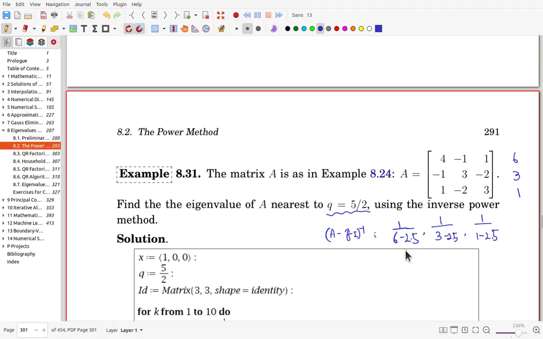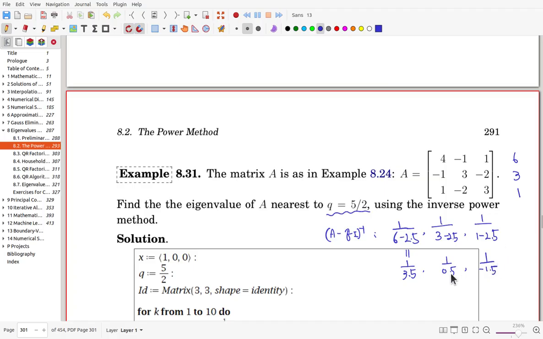This quantity is 1 over 3.5, that one is 1 over 0.5, and this one is 1 over minus 1.5.